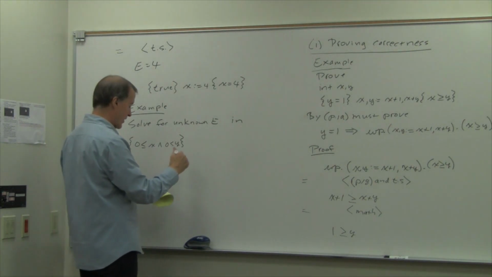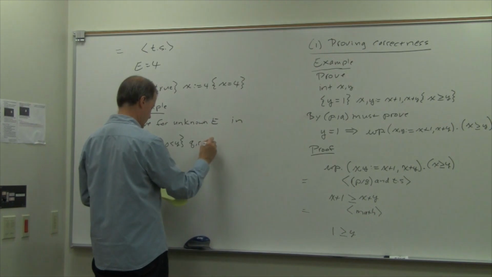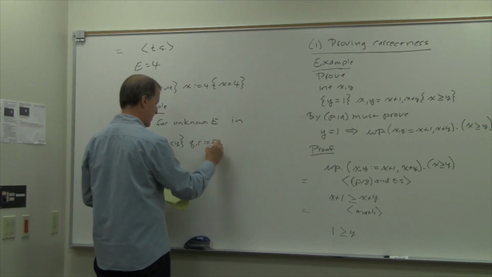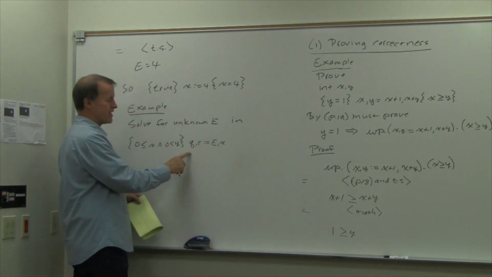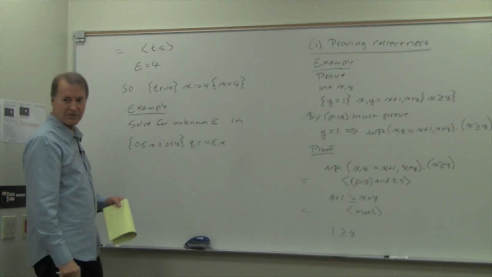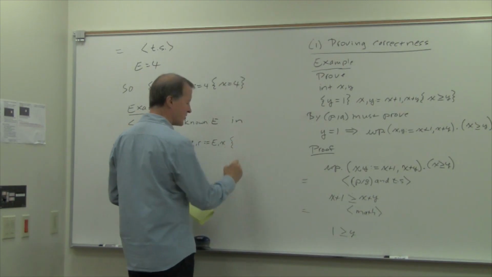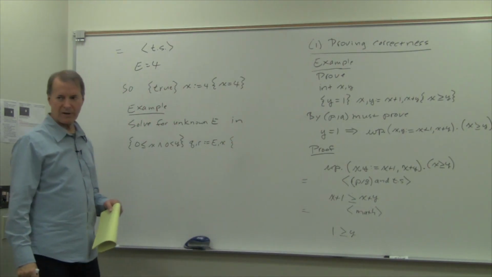What we're going to have is q, r gets e, x. Now q stands for quotient and r stands for remainder. And in the end, here's what we want to have. What is a property of the remainder?